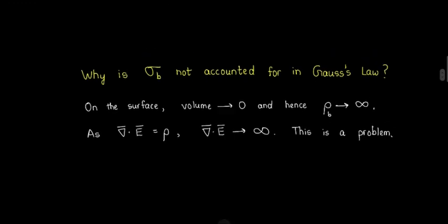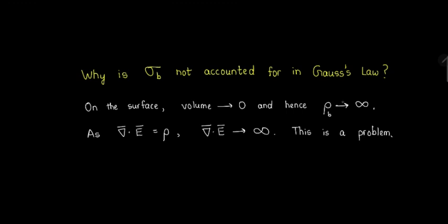If you try to take the volume charge density on the surface, the surface is very thin, so its volume is zero. Yes, the surface is like 2D, the volume is zero. If volume is zero, my charge density will try to go to infinity.